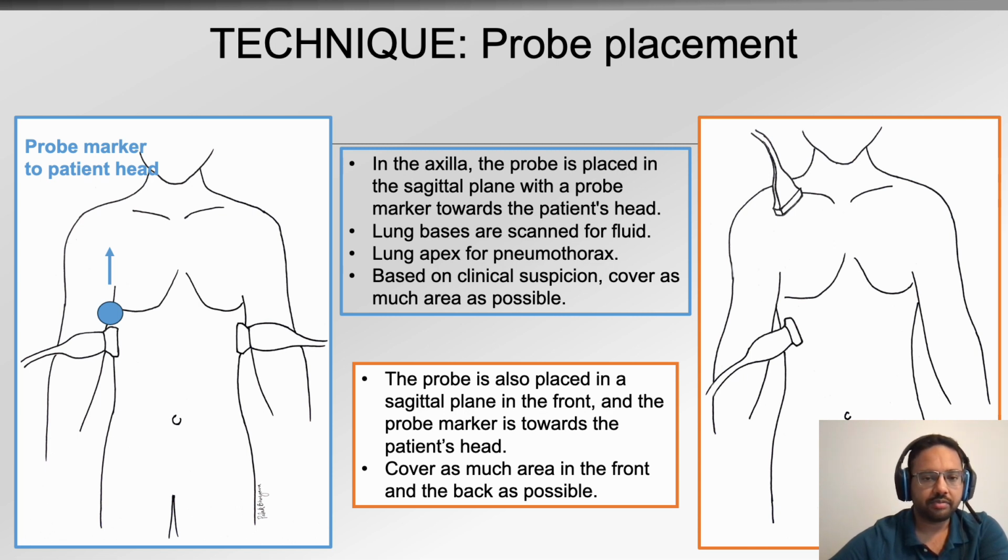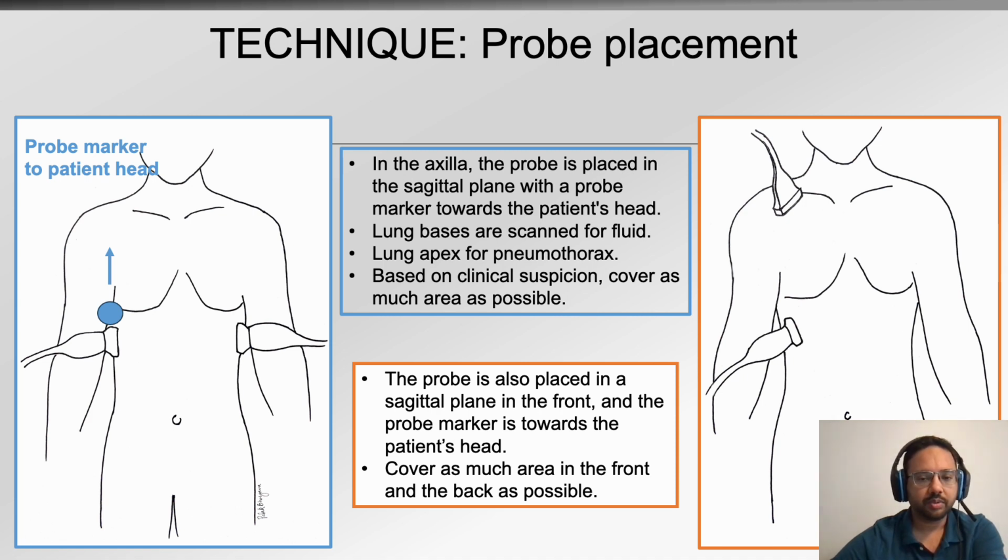In terms of a pneumothorax or the air, it rises to the top, so you're scanning as high in the chest as possible, generally in the area of first to second intercostal space. And again, the probe marker is towards the patient's head, and the scanning is done in a sagittal plane.